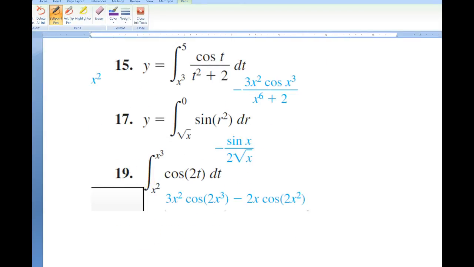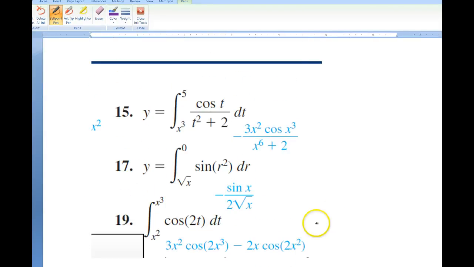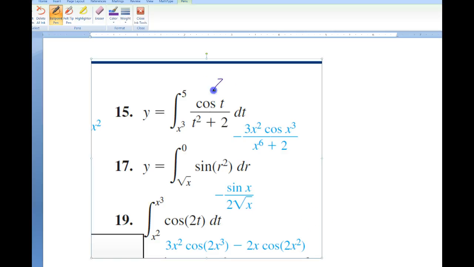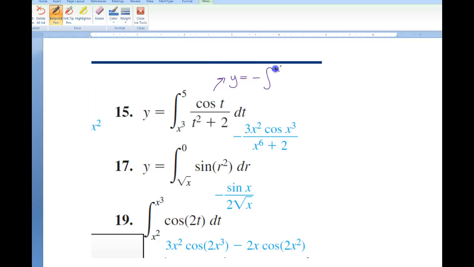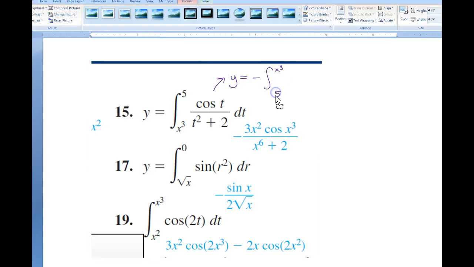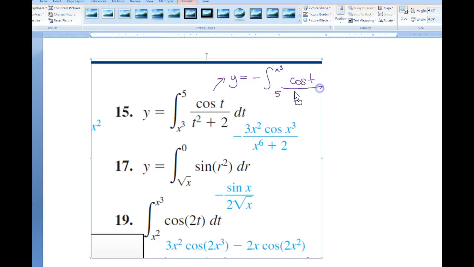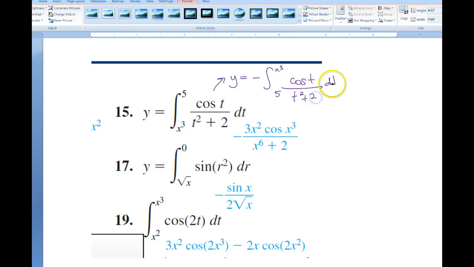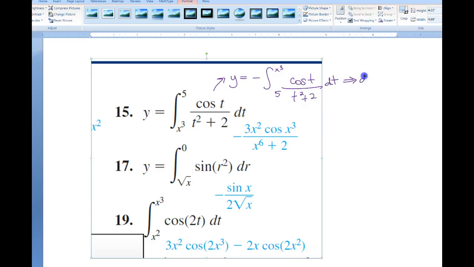So here they get more complicated. Okay, so first, pretend you can't see the answers. So before you do anything, switch this around so that the x to the third is on the top and the 5's on the bottom. So dy dx is what?